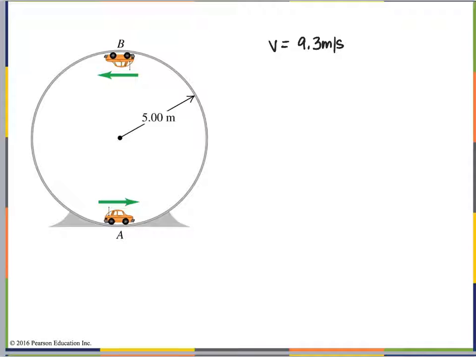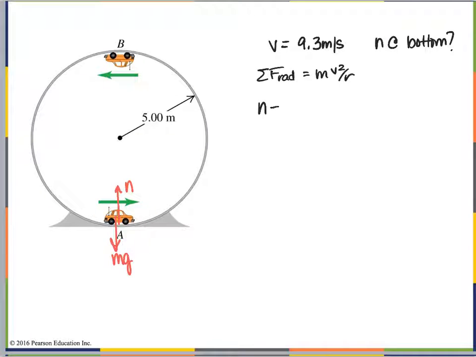So now we want to find the normal force at the bottom. I'm going to identify the forces again. At the bottom here I have the normal force. This time mg is in the opposite direction because it always acts down. So when I'm looking at the forces in the radial direction, I have N minus mg equals mv squared over r.